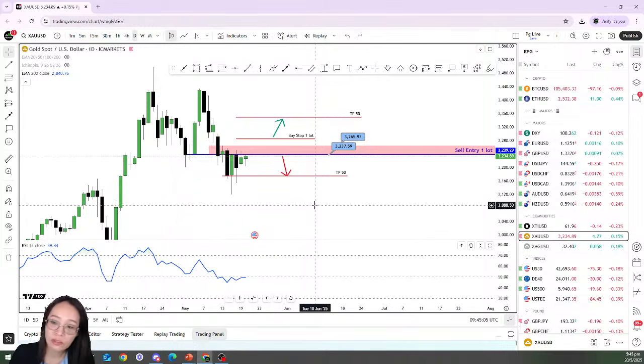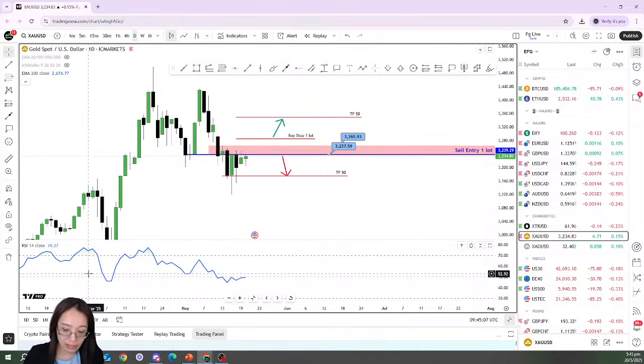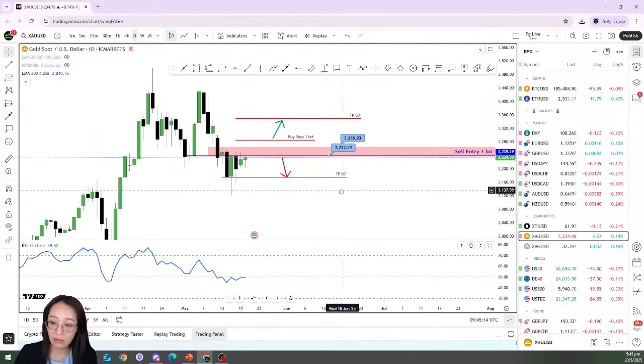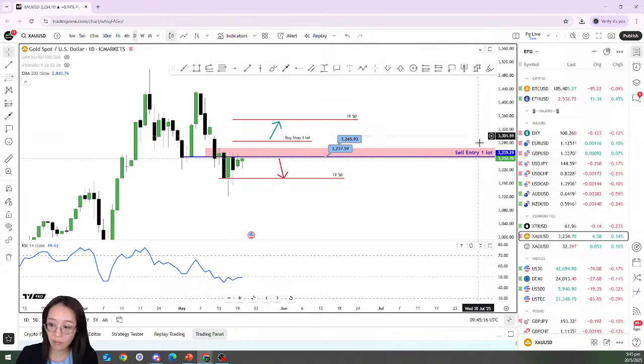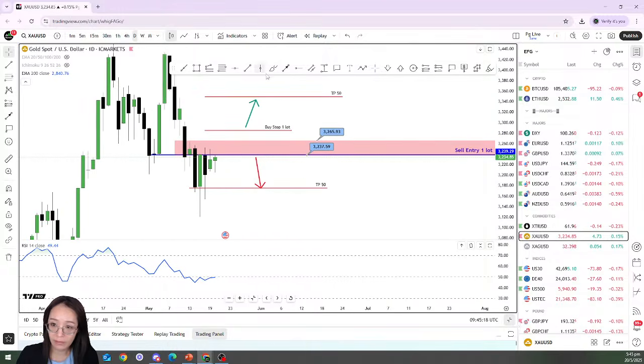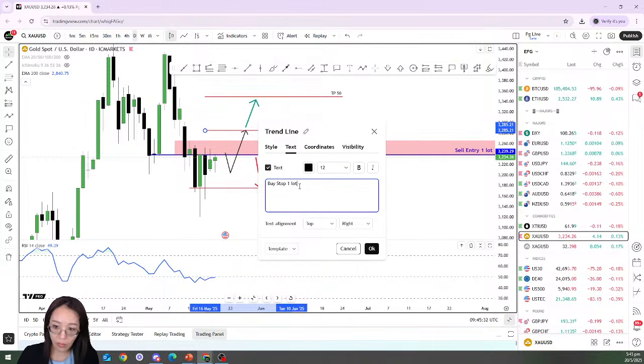But if I do it like this, based on the slide that we read just now, if you buy one lot, you sell one lot size, right? No. To me, if I were to sell here and then price is falling, after it reverses and goes up, my buy stop is now not one lot anymore.